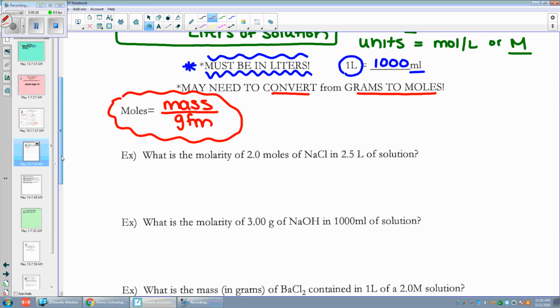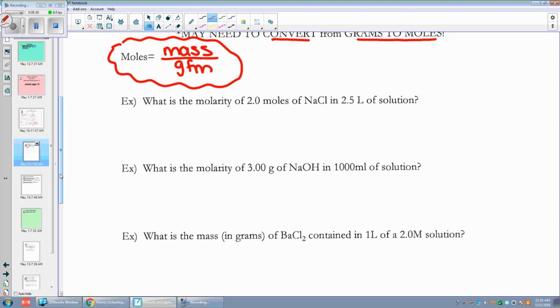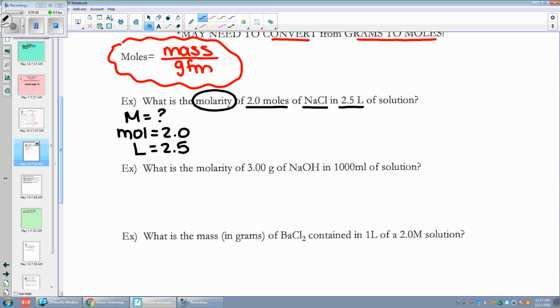So let's look at some examples. Just do these right with me in your notes. First example says, what is the molarity? So I'm going to circle molarity. Molarity is question mark of 2 moles NaCl in 2.5 liters of solution. Well, I have moles, so my moles equals 2.0. And I have liters, my liters equals 2.5. This is a very straightforward question.